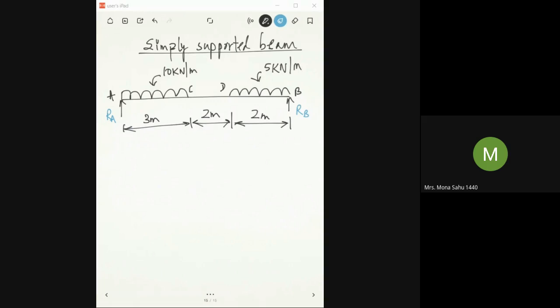Okay, so we know that RA plus RB, because those are the only upward forces, will be equal to 10 multiplied by 3 plus 5 multiplied by 2. Clear?